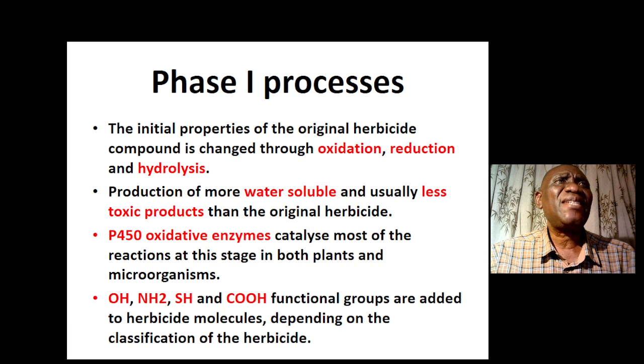In phase 1 processes, please note that we have got oxidation, reduction, and hydrolysis, and the chief actor is cytochrome P450 oxidative enzymes, and there is formation of these functional groups, like what we have said.